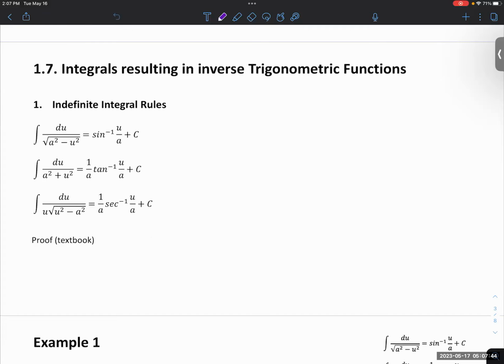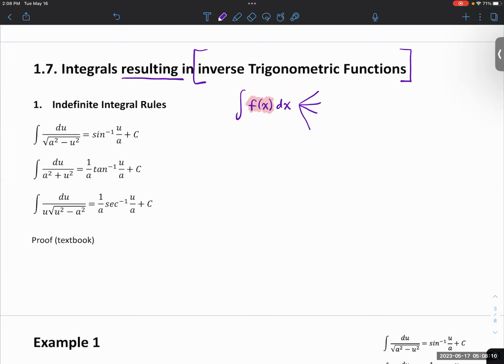So the title is integrals resulting in inverse trigonometric functions. For example, you are dealing with a function and we are taking the integral. We never know what kind of function you're going to talk about, but there is a very unique function that brings us inverse trigonometric function outcomes.